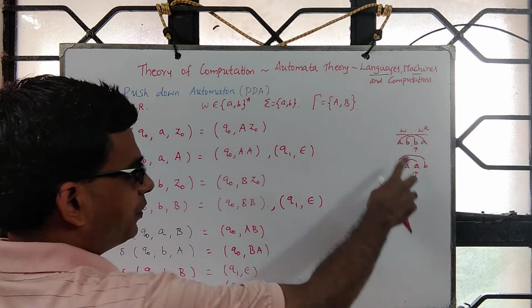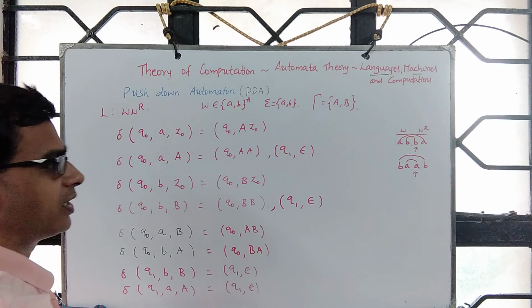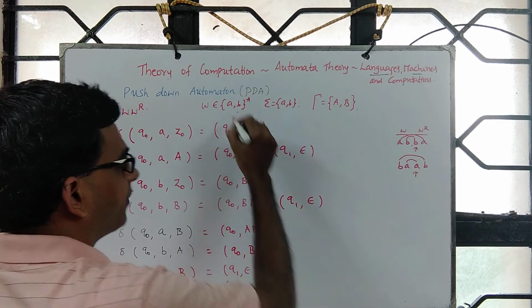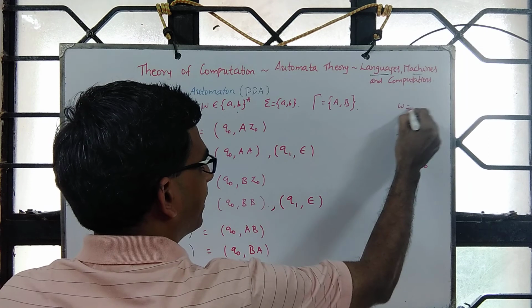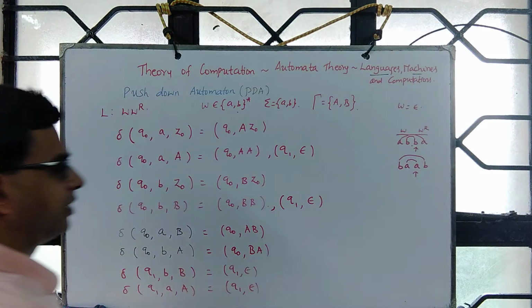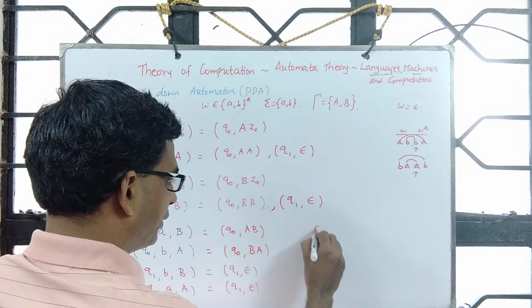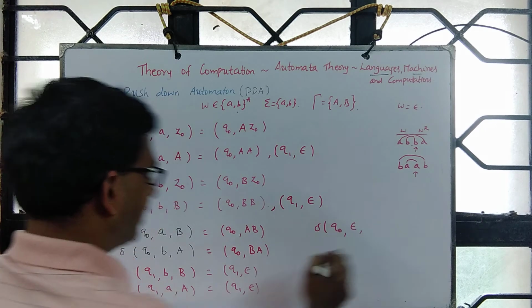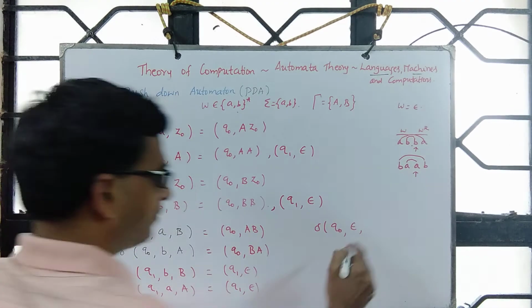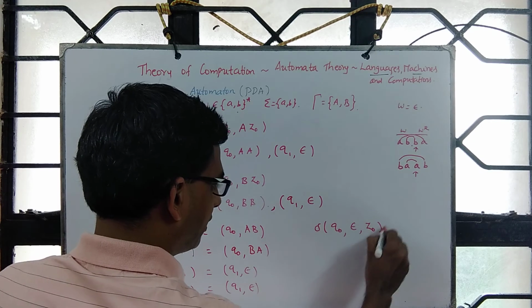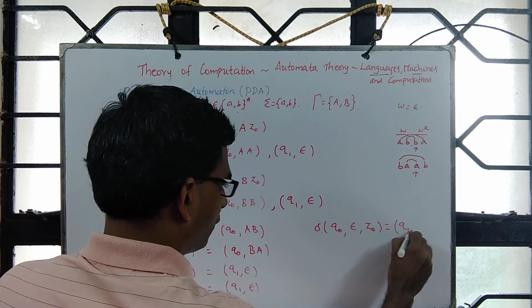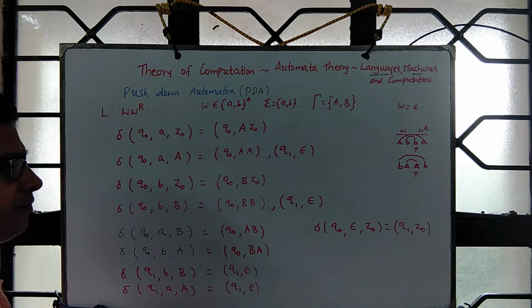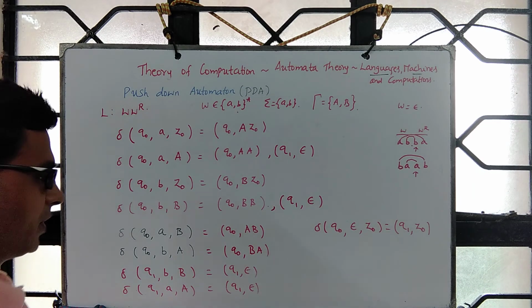Now it is WWR, right? So which means W is a string over this. W can be epsilon as well. Correct? So in addition to this, delta of Q naught comma epsilon, with the start symbol itself, Z naught. With that we go to Q1 comma say Z naught. Okay.